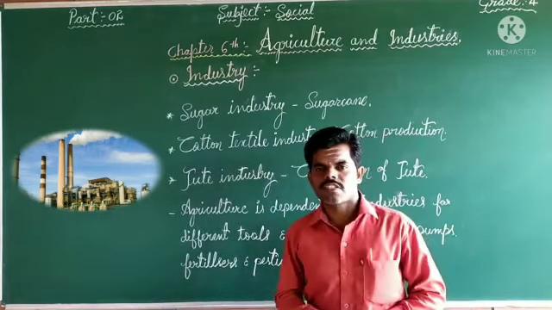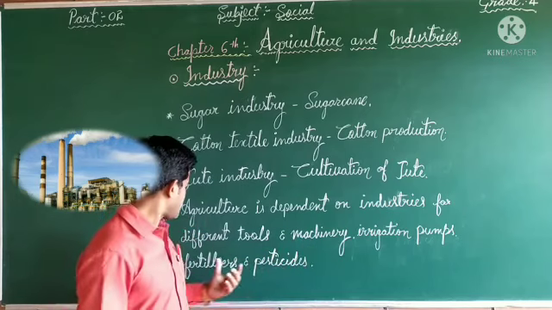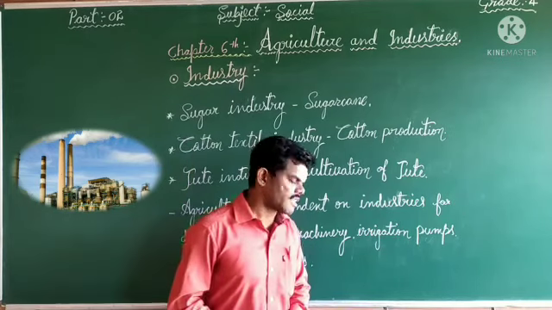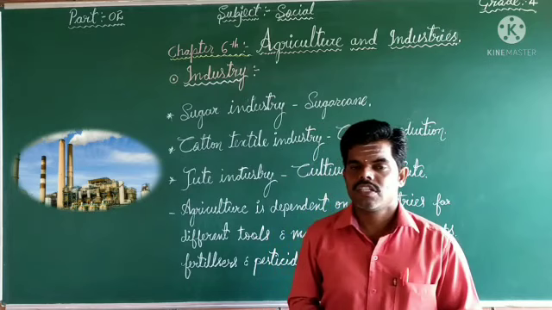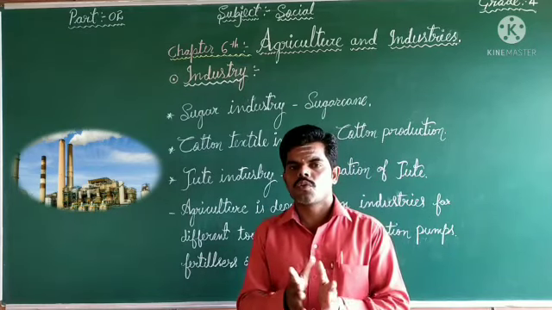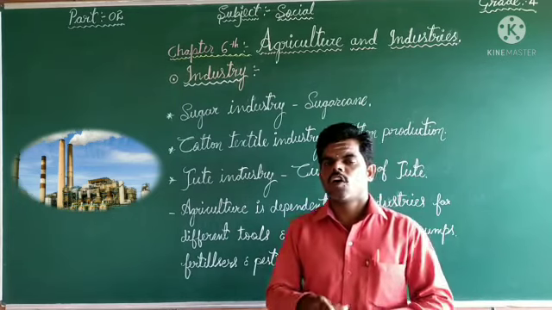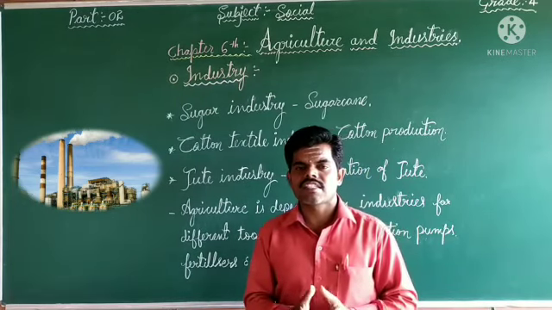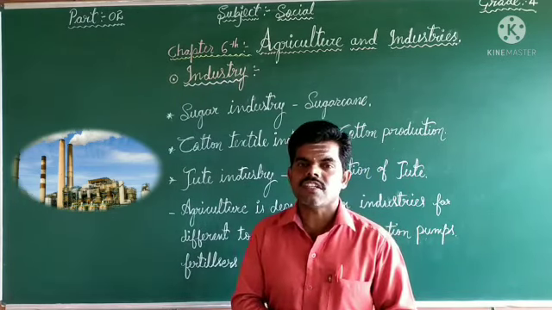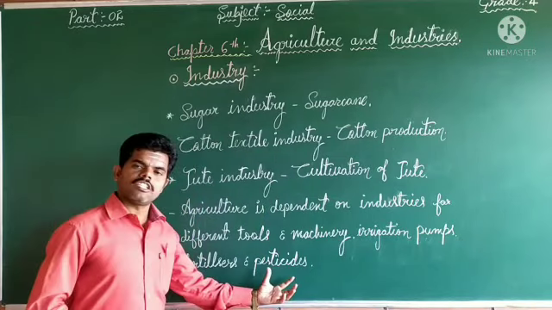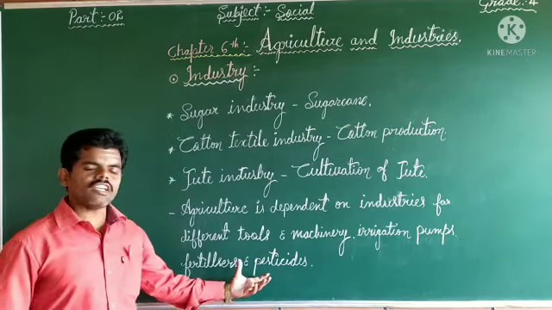The last point is that agriculture depends on industries for different tools and machineries, irrigation pumps, fertilizers and pesticides. If you want to grow more crops on land, we need pesticides and fertilizers. These are very important.